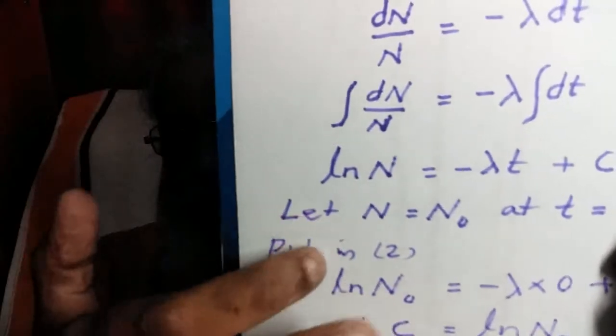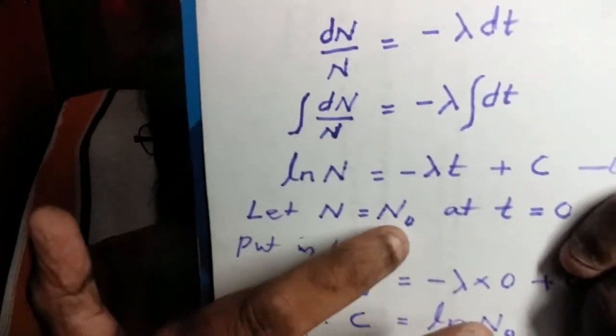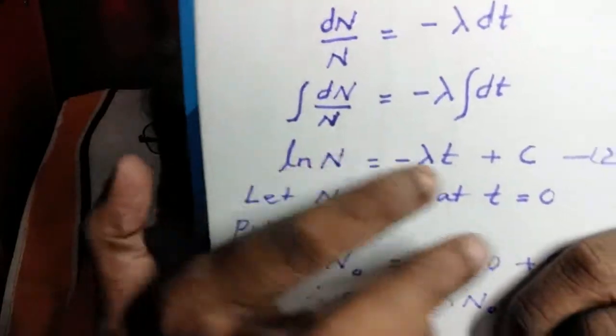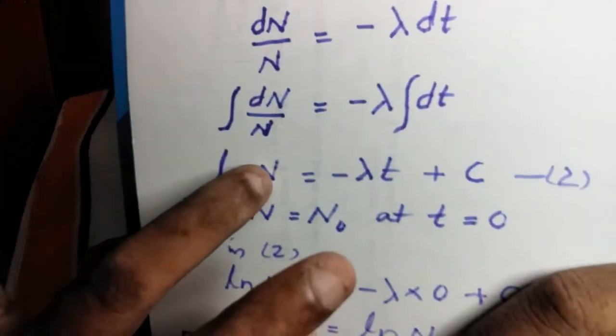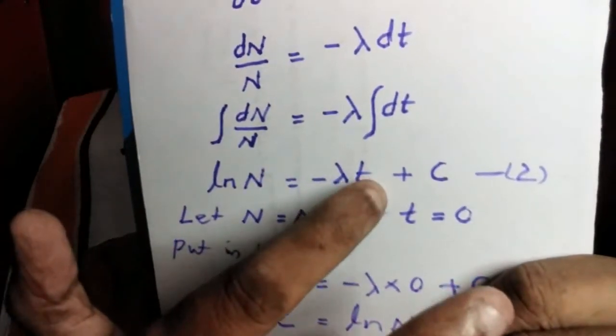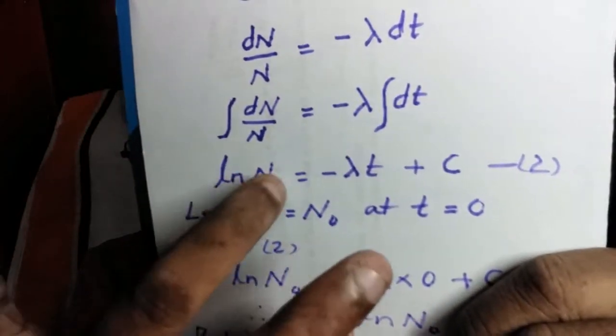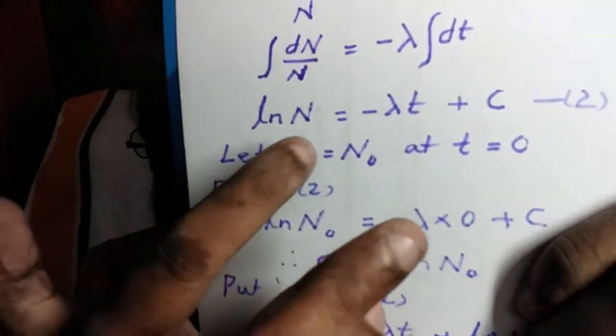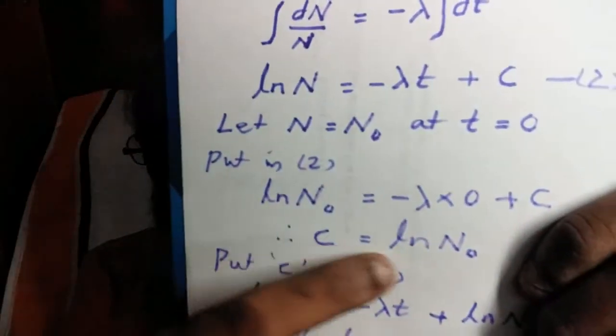Now let N equals N0 at t equals 0. Let N0 atoms be present initially. So you put N equals N0 and t equals 0 in this equation. Then you get log N0 equals 0 plus c, or c equals log N0.